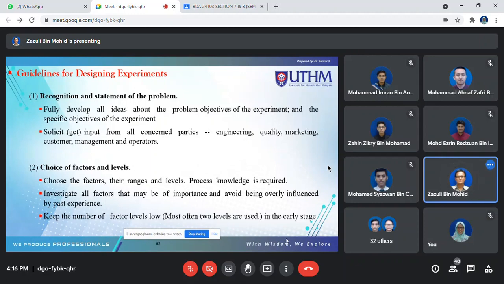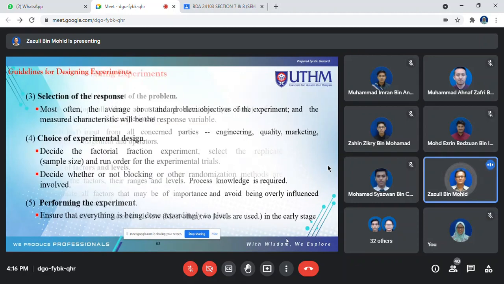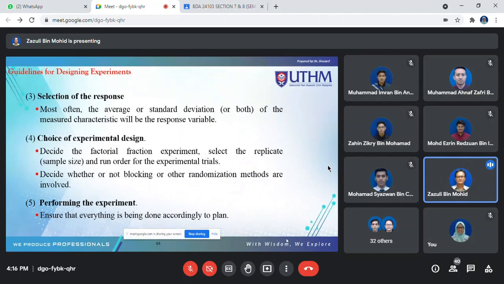So then, selection of responses. So we have the input, we have the factors, and then we have to know what are the most important output that we want to collect. Most often the average or standard deviation of the measured accuracy will be the response variable.